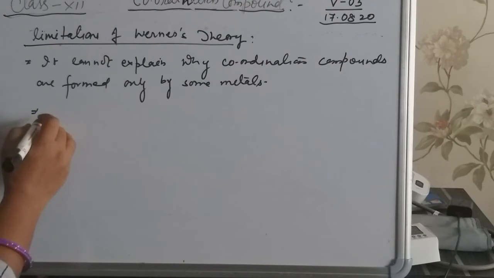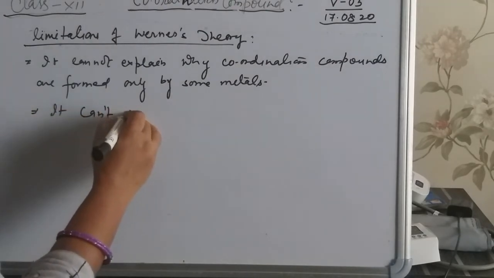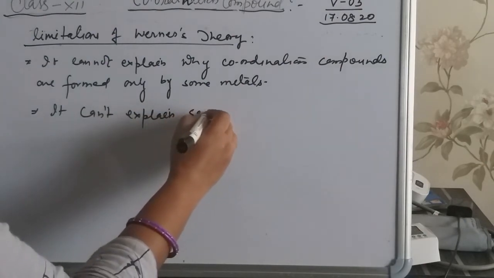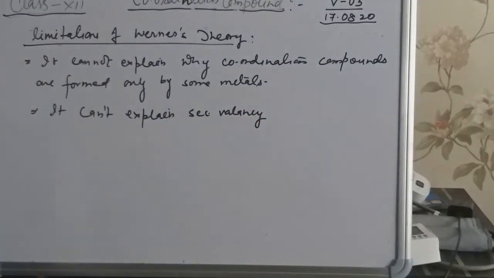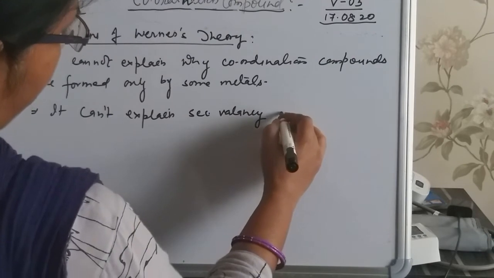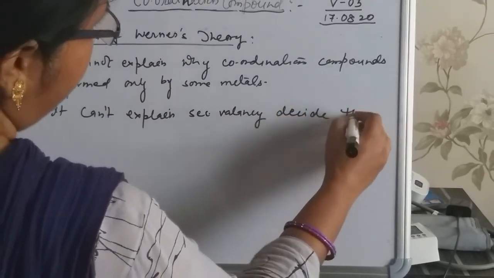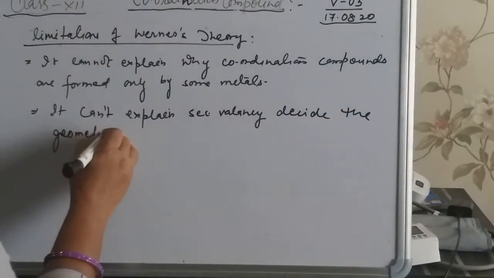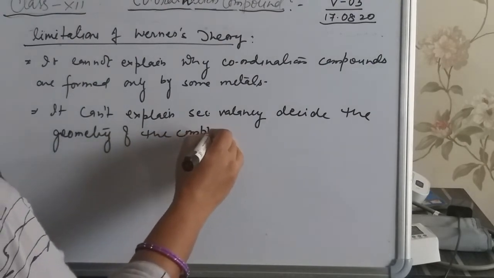And it can't explain how the secondary valency decides the geometry of the complex.